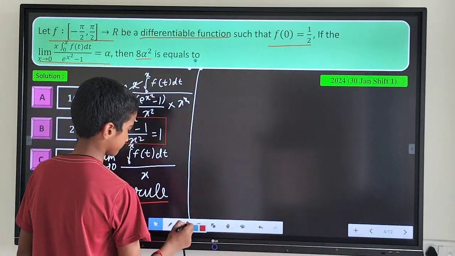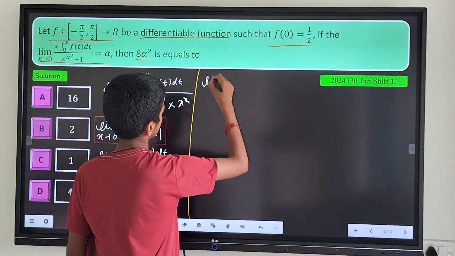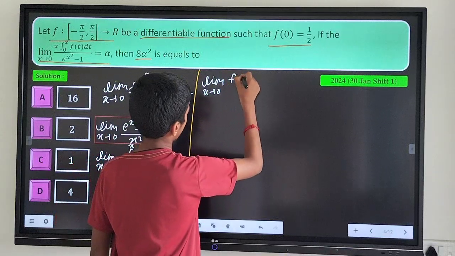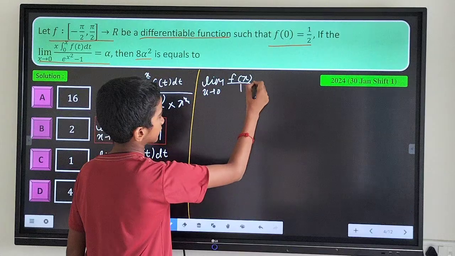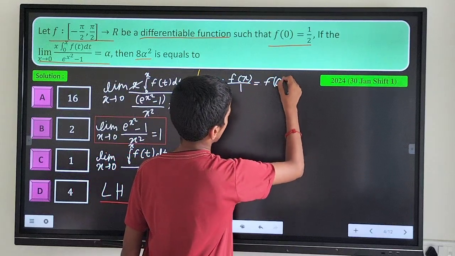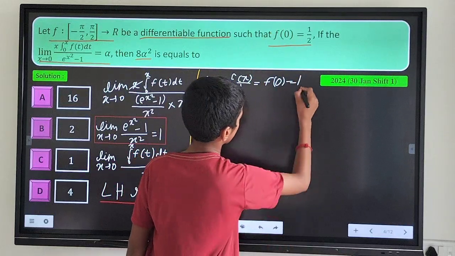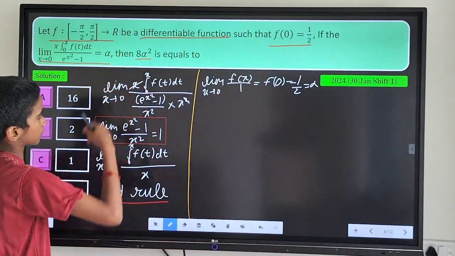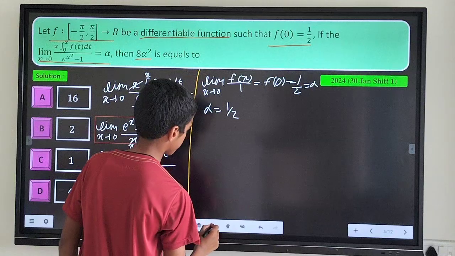So we will get limit x tends to 0, derivative of numerator will be f of x upon derivative of denominator will be 1. Now this will become f of 0. And as given in the question, our f of 0 is 1 by 2. And this is the value of alpha because this limit is equal to alpha. So from here we get our alpha as 1 upon 2.